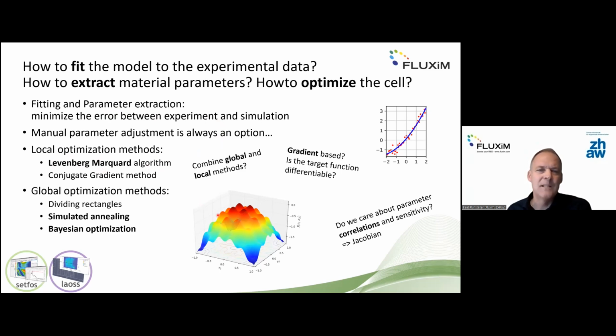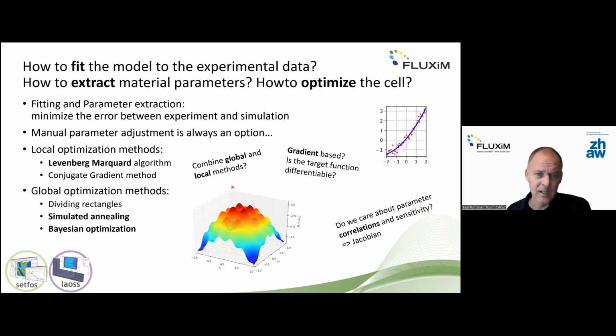But keep in mind that the error landscape, here an example with 2 variables, might have multiple local optima, and a gradient-based method may be trapped in a local optimum. So this is why we also propose to use global optimization algorithms. And here I am mentioning today simulated annealing and Bayesian optimization as 2 powerful methods that we implemented in our simulation tools.